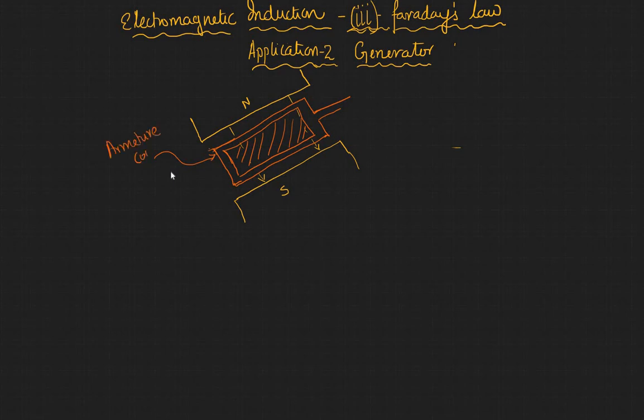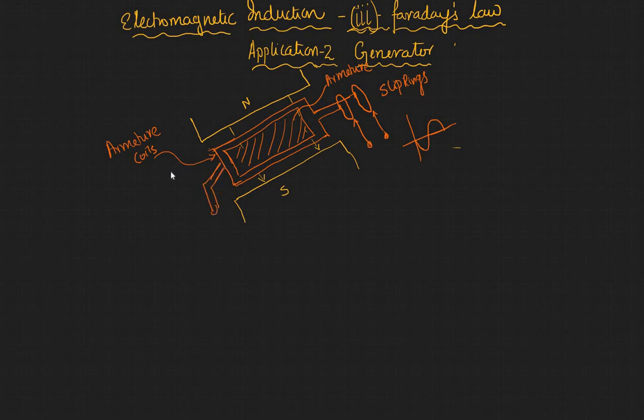So this is your armature coil, and then you have these slip rings, two slip rings. This is to tap the output, and these are the outputs that you would tap, and in the output you would get an AC.